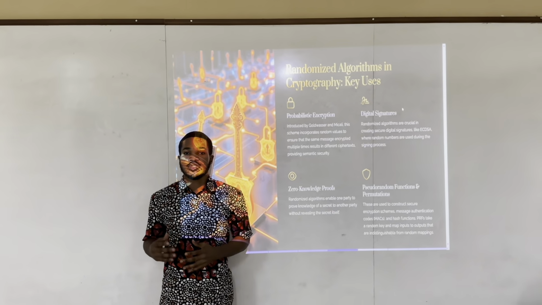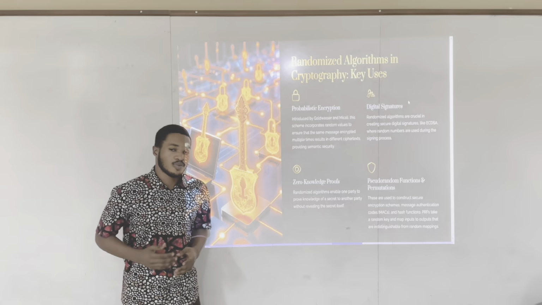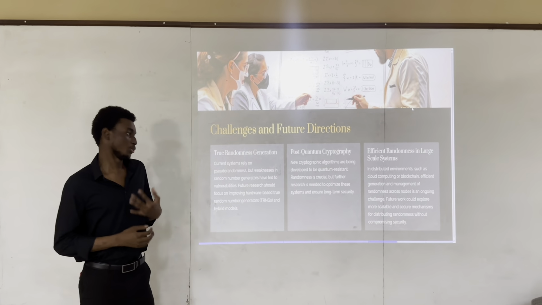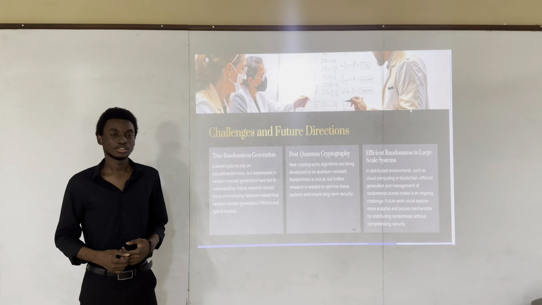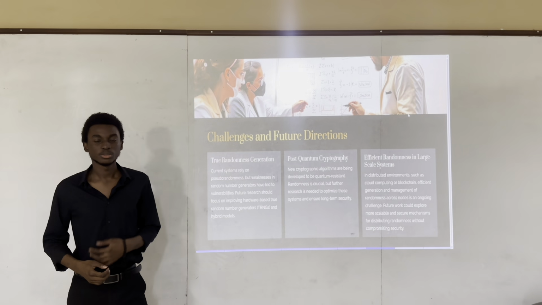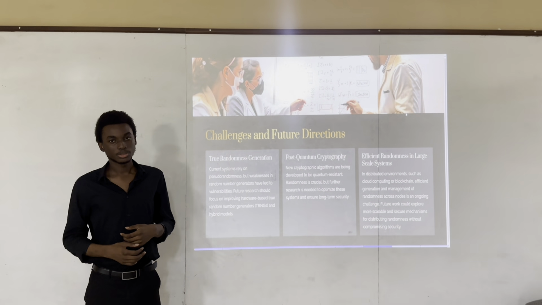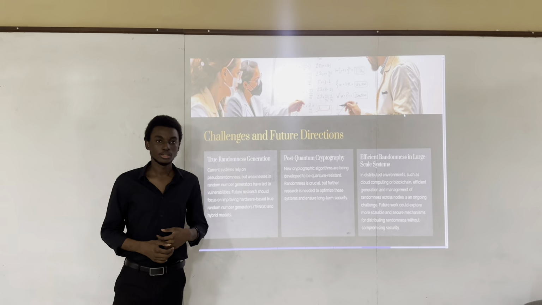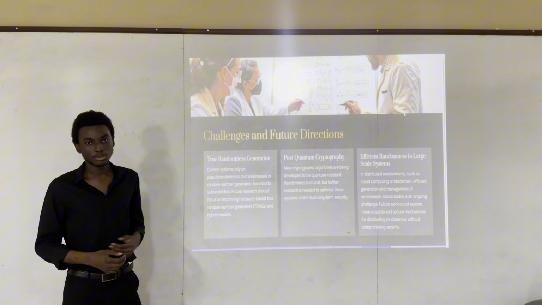From here, we'll be talking about the challenges and future directions. Despite significant advances in integrating randomized algorithms into cryptography, several challenges and research gaps remain. First, true randomness generation. Generating high-quality random numbers is critical for the security of cryptographic systems.